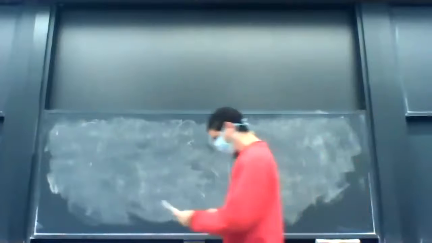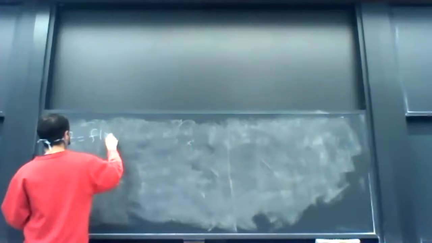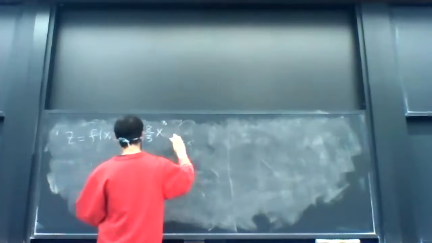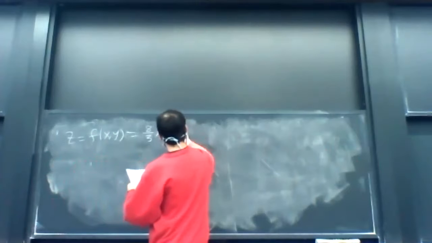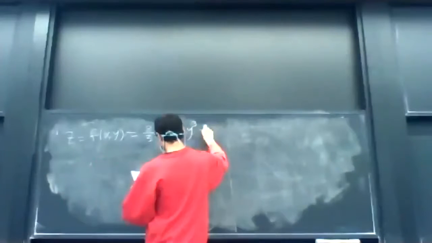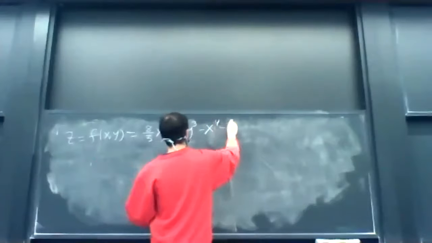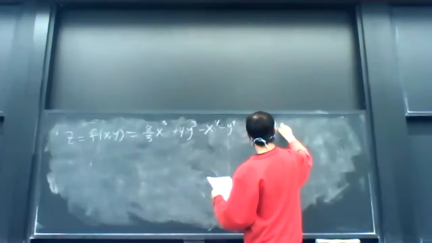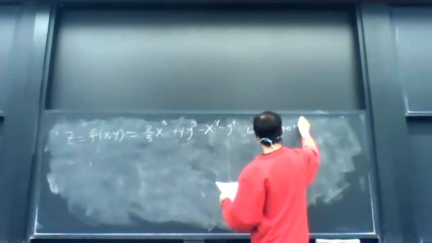And the function that we're given, z equals f of x, y, is 8/3 x cubed plus 4 y cubed minus x to the fourth minus y to the fourth. We want to know where it is largest.